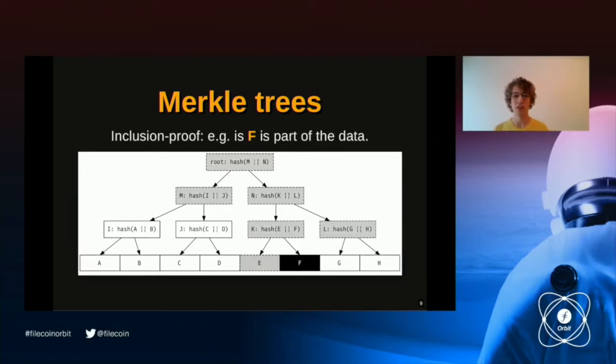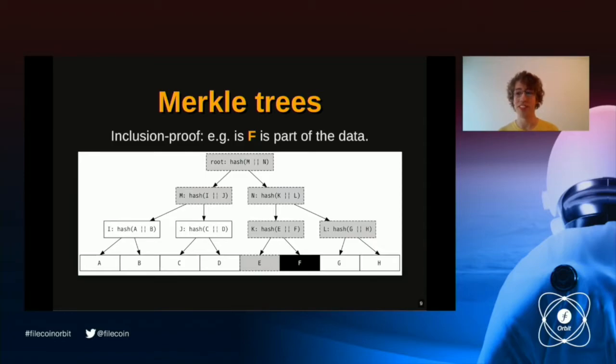So why is this interesting, or why would you do this? There's something called a Merkle inclusion proof. And what you can do with this is, if you want to prove that certain bytes are part of your data, you would normally transmit the full file and look into the file. But this is not really efficient.